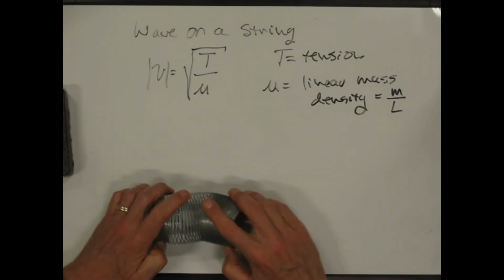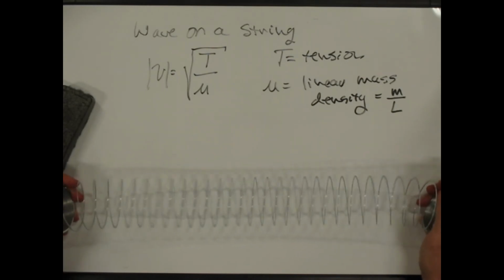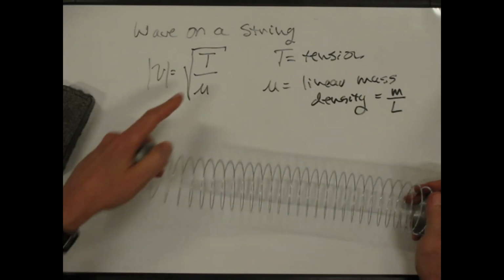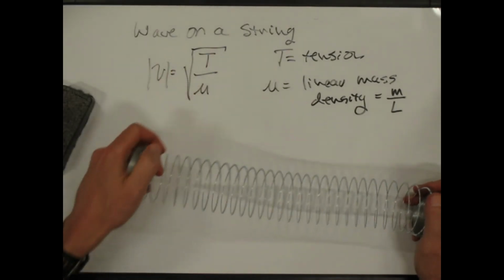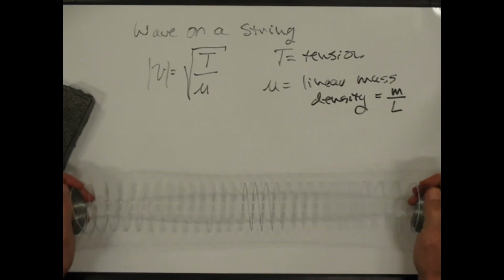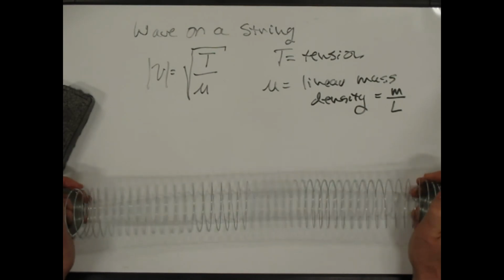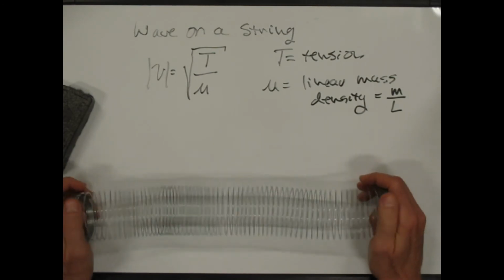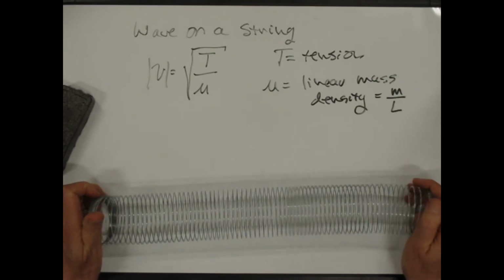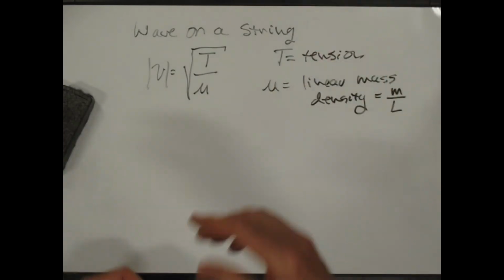And now if I make it much more tense, so I've increased the tension and reduced the linear mass density, I've made this number bigger and this number smaller, and so my v should get bigger. You can see that it goes faster than this one does. You should be able to see that. It's also true on a rope.